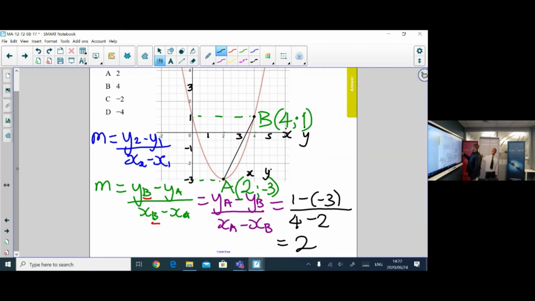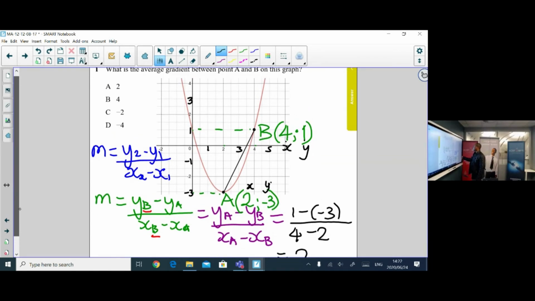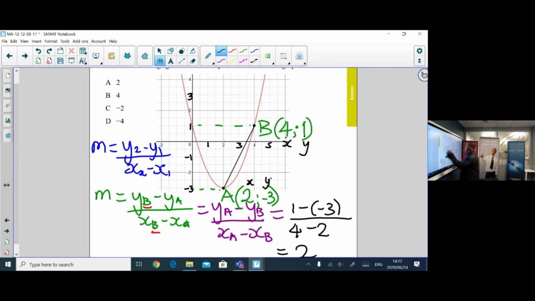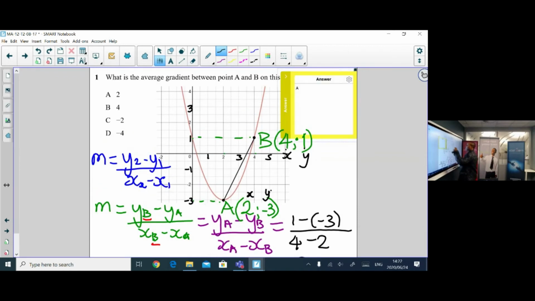And that seems to be our answer at A, if we are looking at the average gradient. Okay. If I might review the answer, you would see that it's indeed A, which is that.